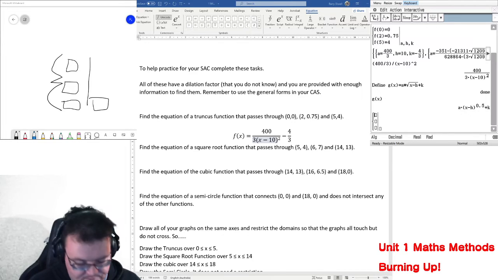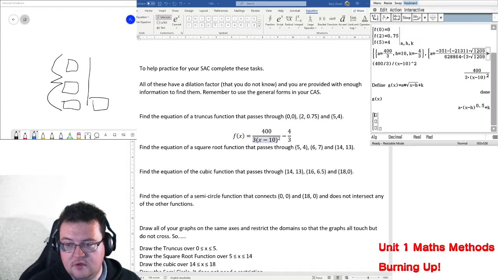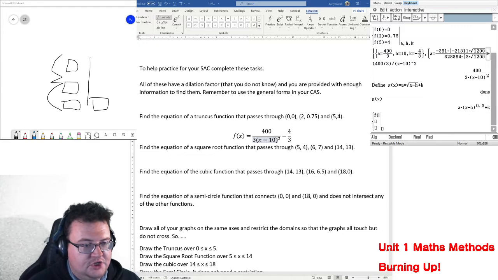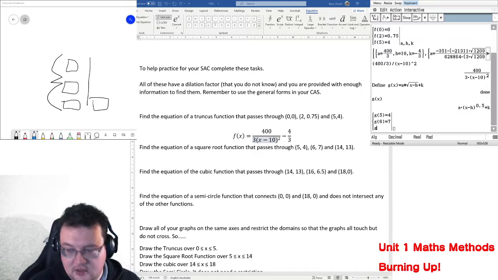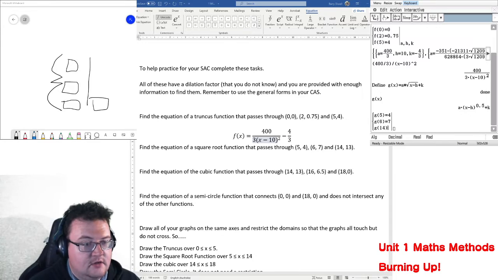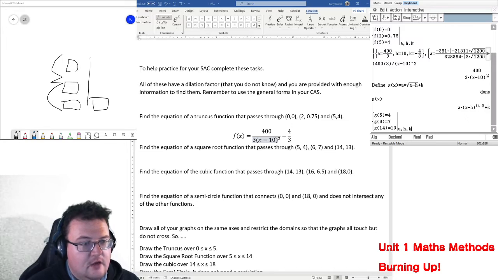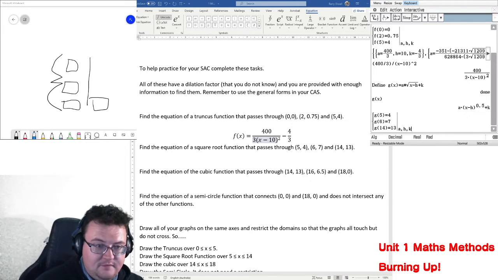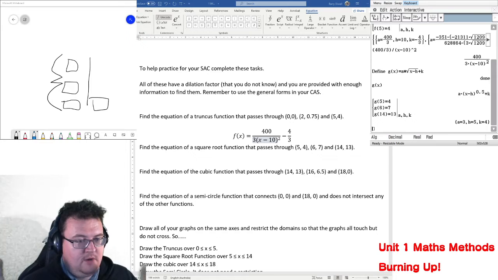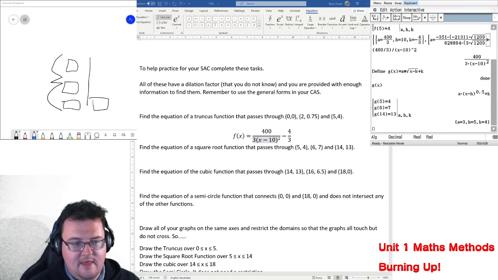And we're going to do the same thing. Three values: g of 5 is equal to 4, g of 6 is equal to 7, and g of 14 is equal to 13. And again, we're looking for a, h, and k. These are a different a, h, and k to the ones above. And we are presented with a, h, and k like that.